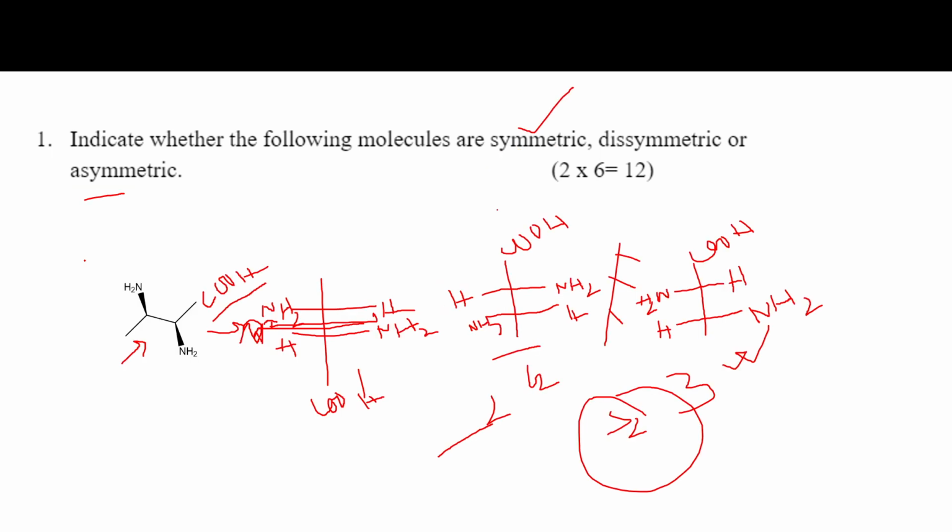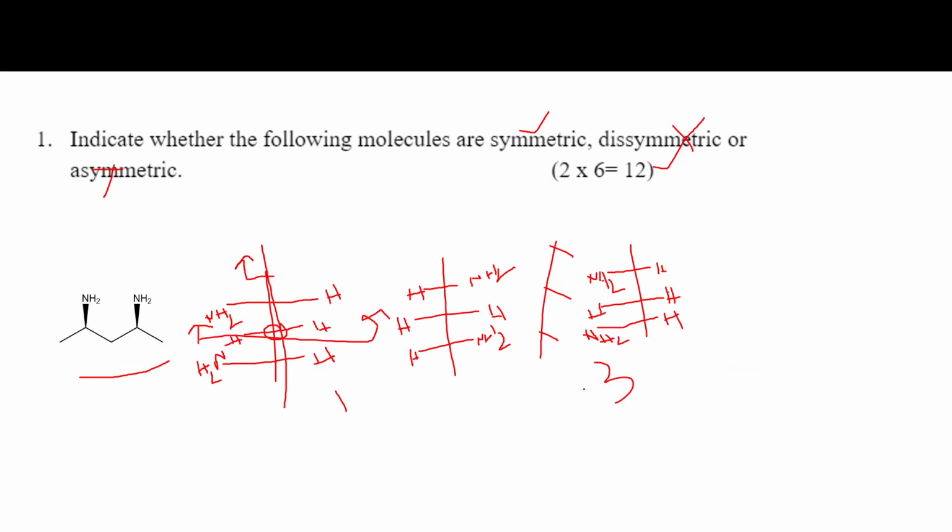This molecule is also symmetric. If we draw this molecule in such a way, after the operation, this molecule has S2. So this is also an example of a symmetric molecule.